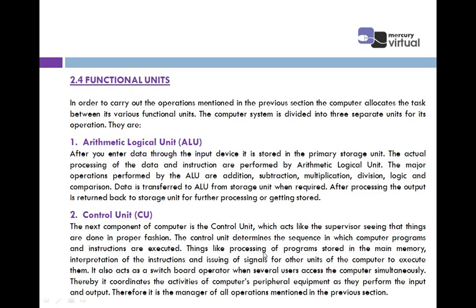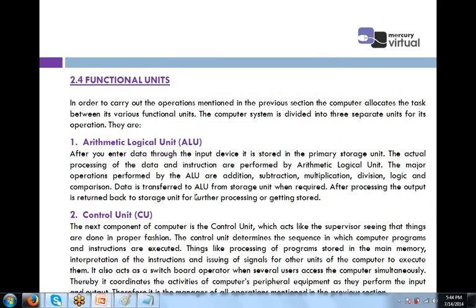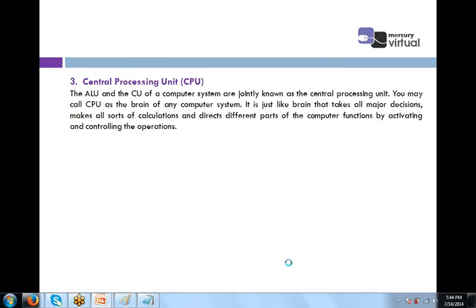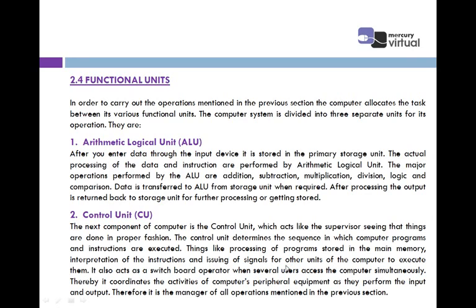Things like processing of programs stored in the main memory, interpretation of the instructions, and issuing of signals for other units of the computer to execute them. Interpretation means doing the processing, refining the things. As I told you, the CU is the main component. The CU is the supervisor, so it issues signals to the other components to execute their operations.